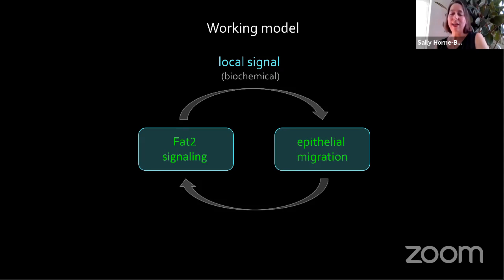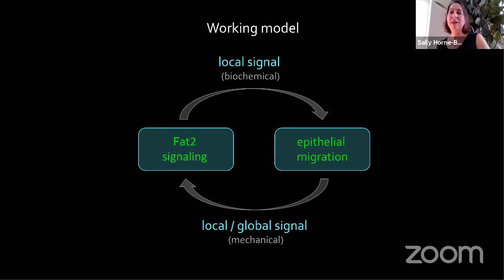But you can imagine that if that signal induces motility in that cell, and that motility in turn localizes FAT2 to the trailing edge to begin to polarize the cell behind it, you can see how this local signal could begin to propagate. And then once the entire tissue is moving robustly, this provides a really nice mechanism to keep that migration moving in the same direction over long periods of time.